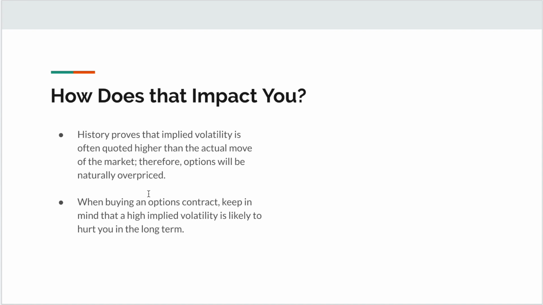So we talked a little bit earlier about the different things that can impact the volatility of a stock: major news events, overall market behavior. Anytime there are earnings coming up, that's also going to cause a higher implied volatility. Any significant news coming out about the company.